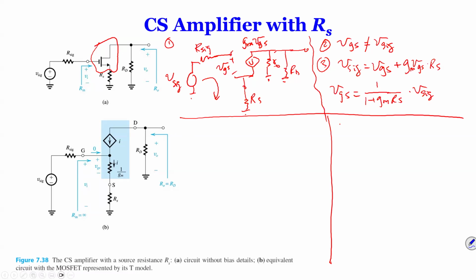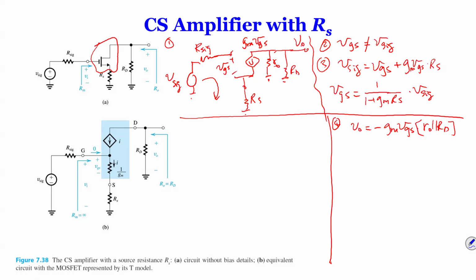Then we can say our VO is minus GM times VGS times RO in parallel with RD. Right? So the output VO, I should have marked it on the circuit over here.